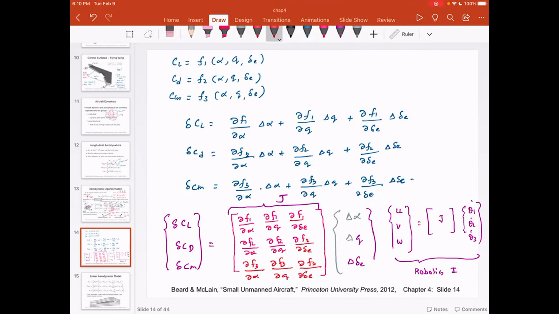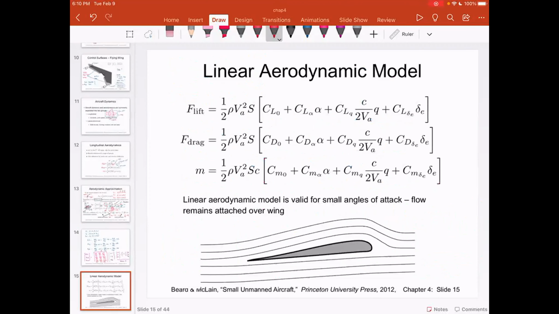Now what I want to do is show you this complete linear aerodynamic model. This is a linear approximation. This is the linearization. So this linearization is valid only in small regions of alpha, in a limited region.